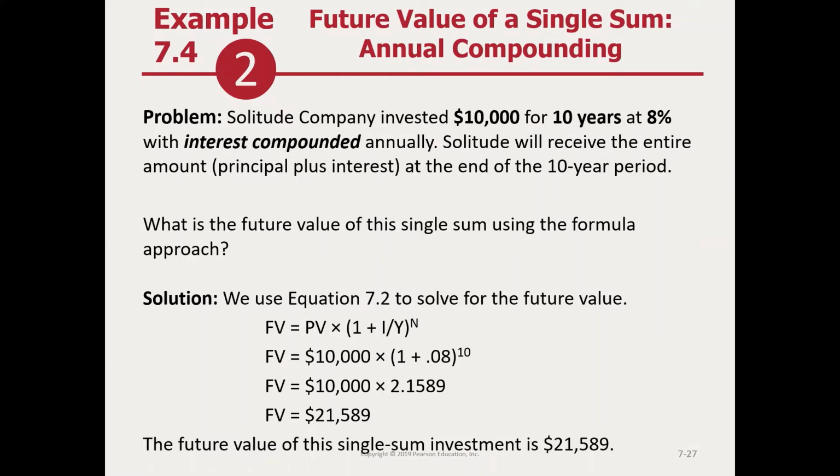So we use the formula in equation 7.2 to solve for the future value. The future value is equal to the present value times 1 plus the interest over the year, to the N. So the future value is 10,000 times 1 plus 0.08, which is the interest rate, to the 10th power, where 10 is the number of years.